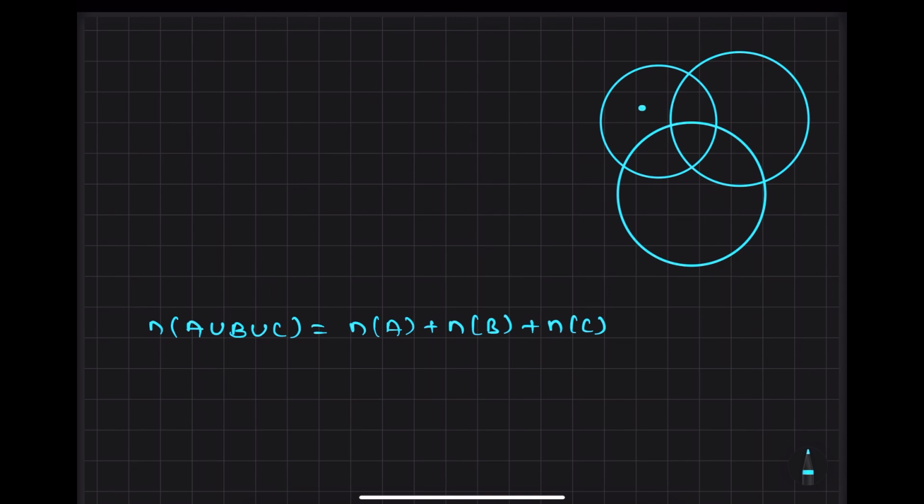The first set is representing A, the second set B, the third set C. If I am talking about A, I am talking about this room and this room. If I am talking about B, I am talking about this room and this room. If I'm talking about C, I'm talking about this room, this room, and this room. You can observe that there are so many dots.